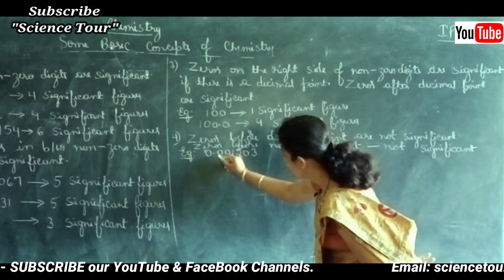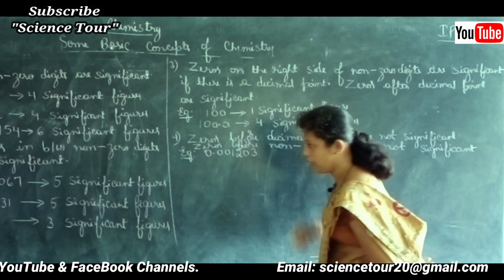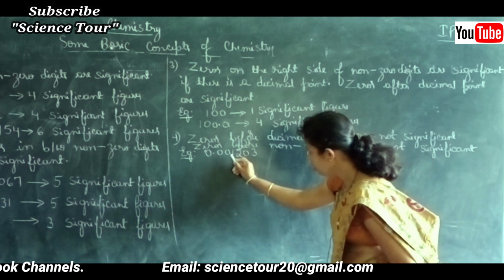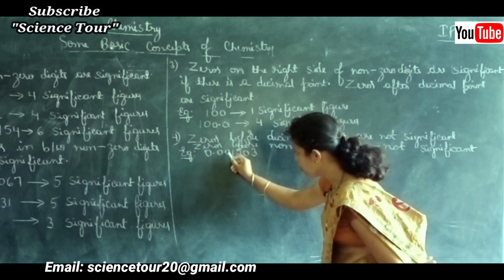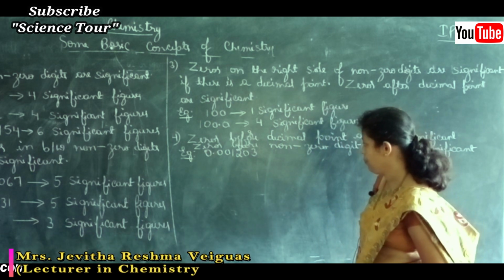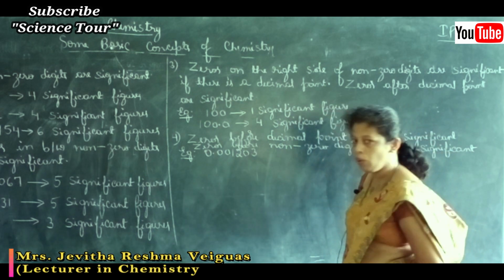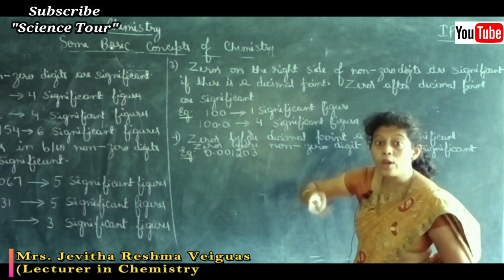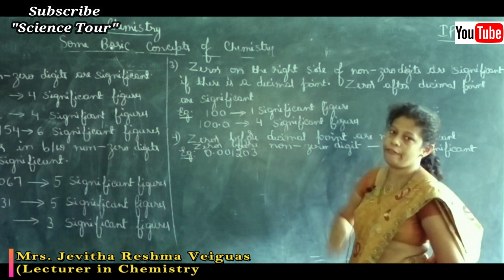Look at the number 0.001203. Here, before the non-zero digit you have 3 zeros. They do not have any significance. You can find a 0 between non-zero digits, that has a significance.